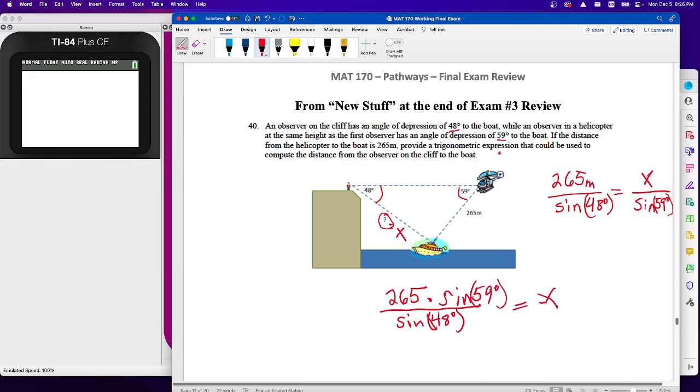Now for this particular question, that's all they're asking for, the trigonometric expression. So we're sort of done.